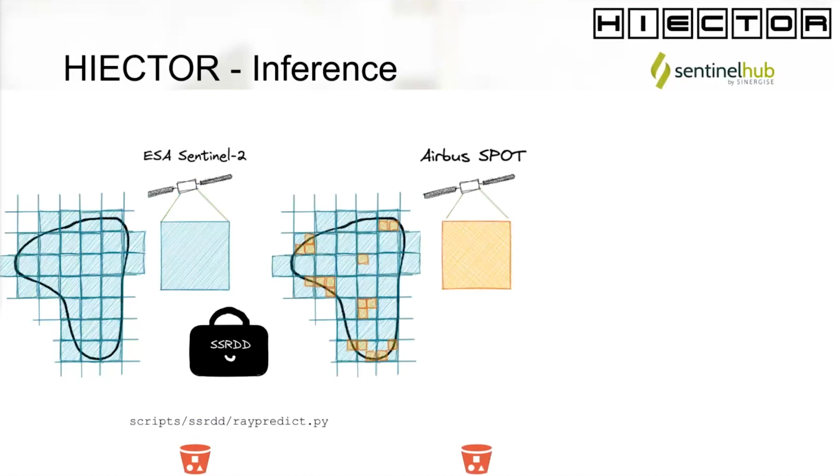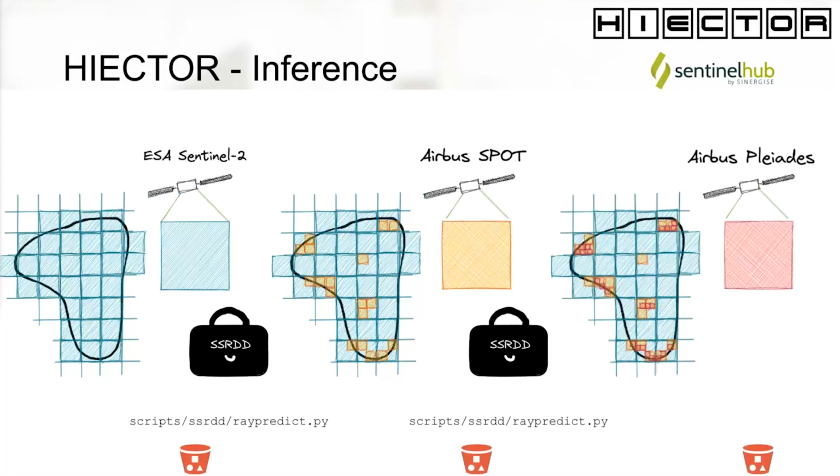Once the model trained on Sentinel-2 finds built-up areas, we look at those areas only, and we request higher resolution Spot imagery. We store the EO patches on the bucket, and again, we run this ray predict script on the fly, which then generates object detection on Spot.